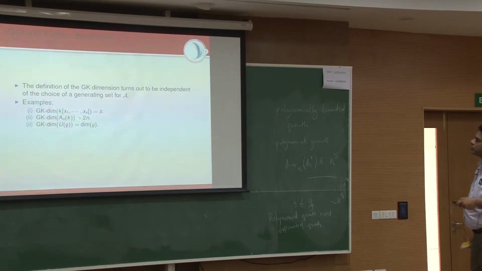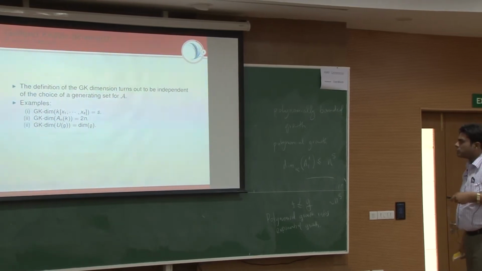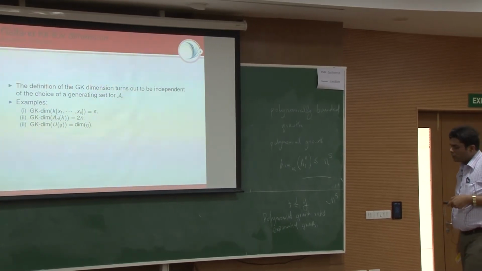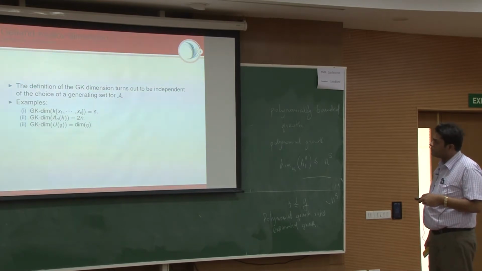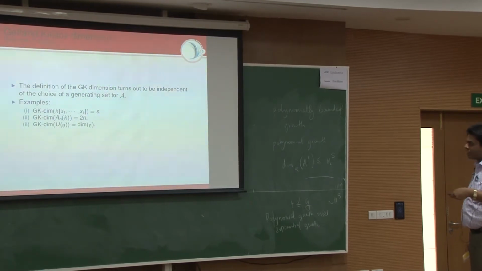So I have already given the example of a polynomial ring. For the Weyl algebra over a field K, the GK dimension is equal to 2n. In this context, it's good to point out that if the algebra whose GK dimension we are calculating has a filtration with respect to which the associated graded algebra is a commutative algebra, the GK dimension is particularly well behaved, and it turns out that the GK dimension of an algebra and the associated graded algebra are equal.